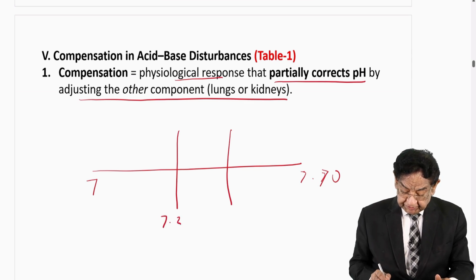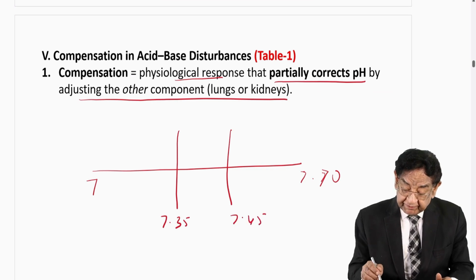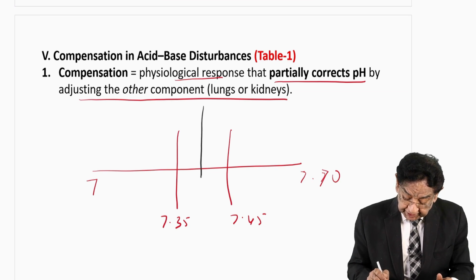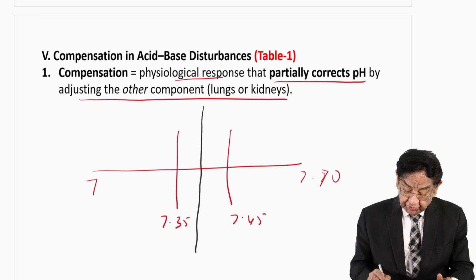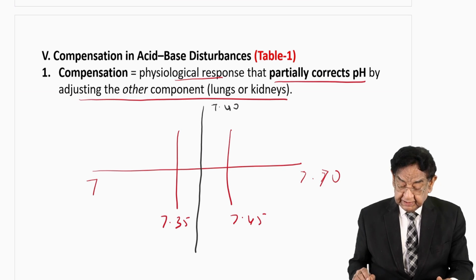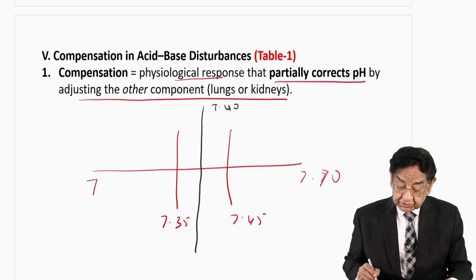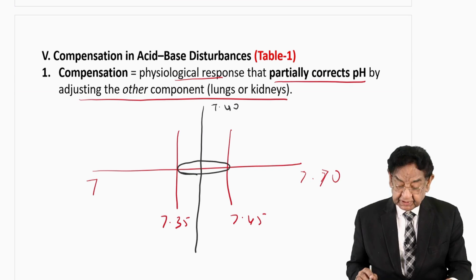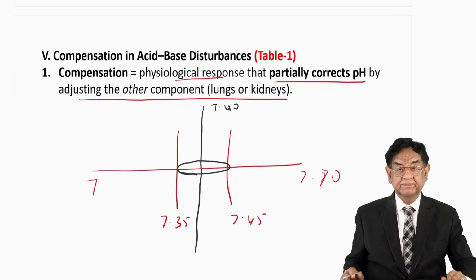Yes, 7.35 to 7.45 is normal, and I have taken an average of 7.40 for easy calculation, as I told you. So this is a normal range where the normal pH is.